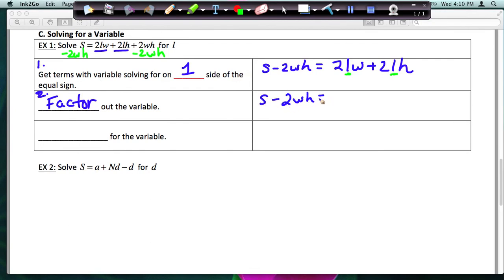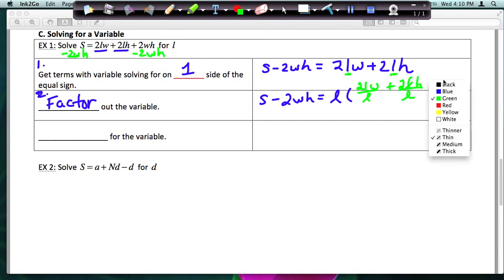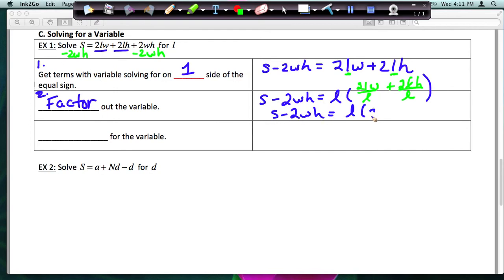And on the right-hand side, I'm going to pull out that L, and I'm going to be left with, I'm going to divide both terms by L. So I'll write that. And when you do that, you get S minus 2WH equals L times 2W plus 2H.